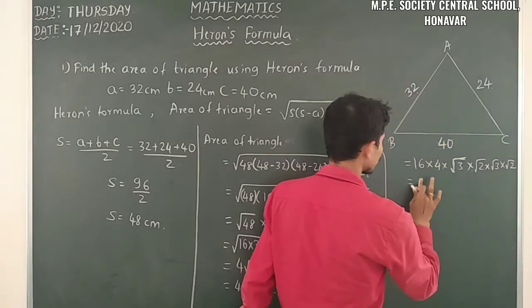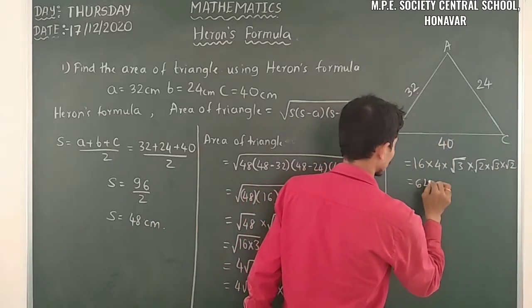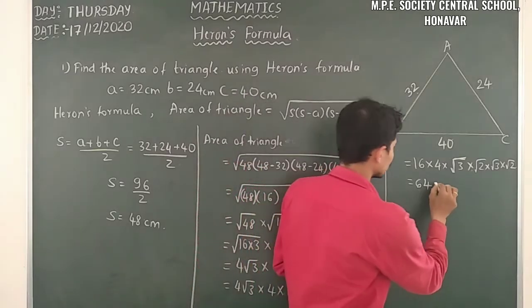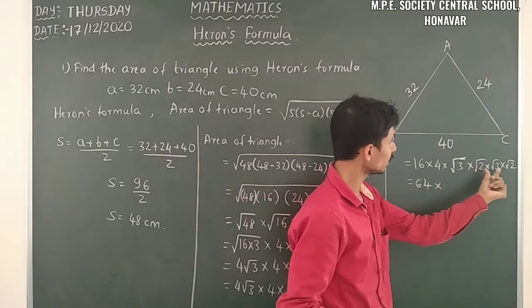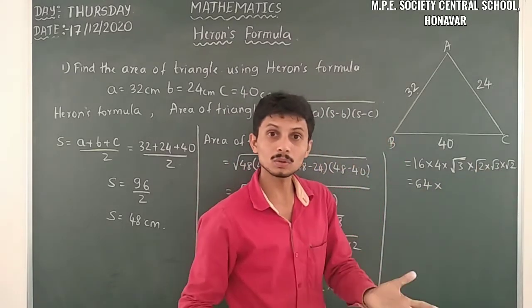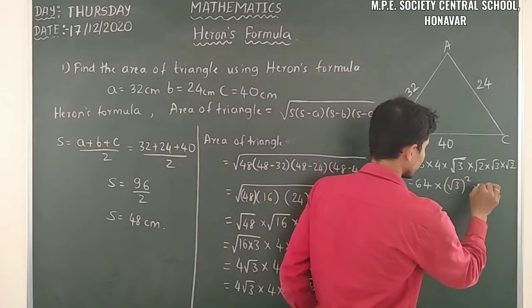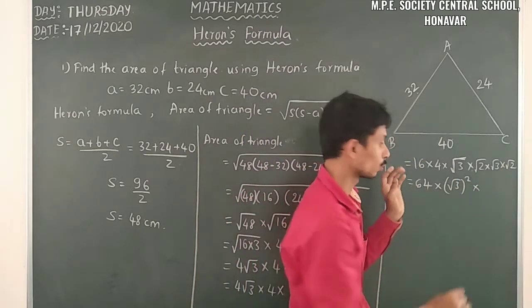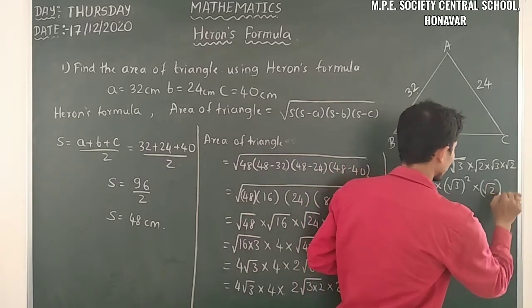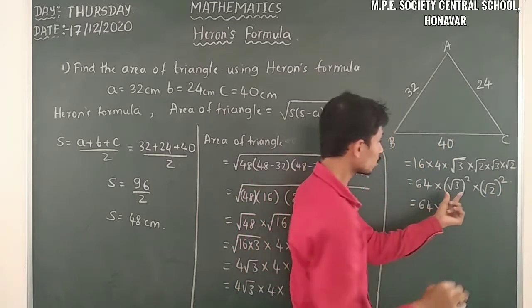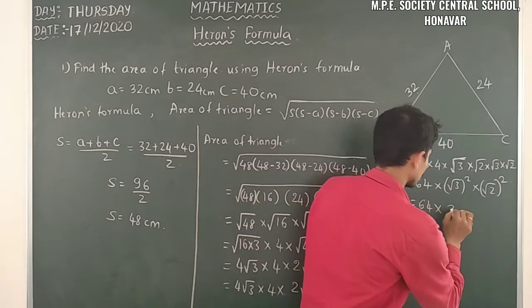16 into 4 is 64. And here root 3 into root 3 is root 3 square, and root 2 into root 2 is root 2 square. So 64 into root 3 square, which is 3.